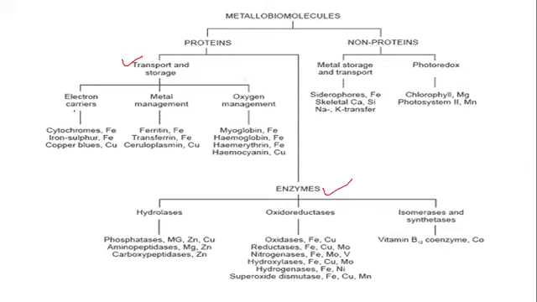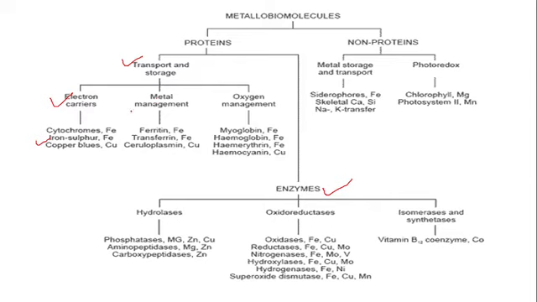We already finished the first type, that is electron carriers. In that we learned the iron sulfur protein, which is a very important protein used for electron carrier or transportation and storage of the electron.